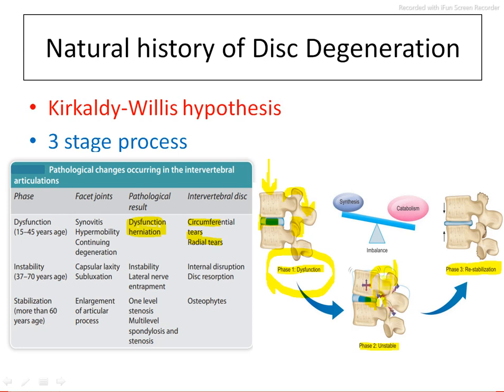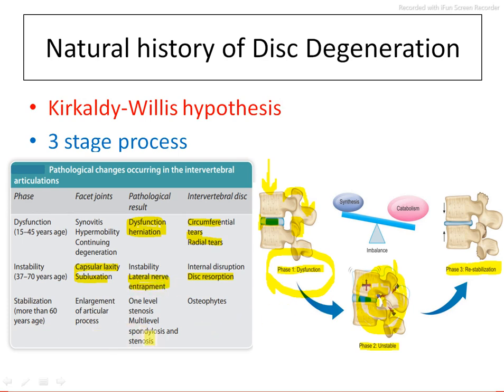And because of this, there is instability of the three joint complex now. When instability is taking place, there is resorption of the disc going on, and there is capsular laxity and subluxation in the facet joint, and sometimes it can lead to lateral nerve entrapment.